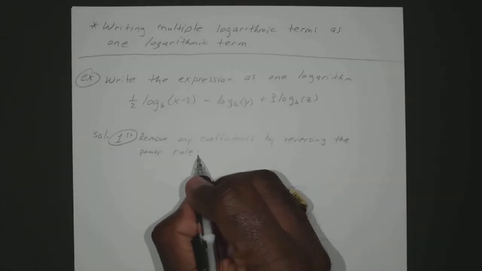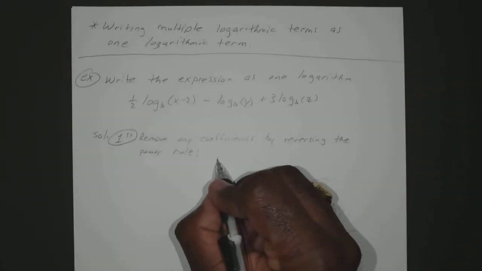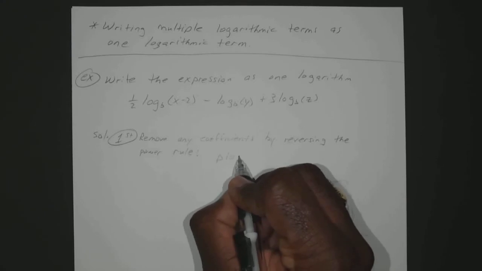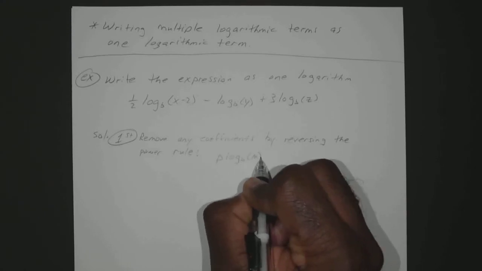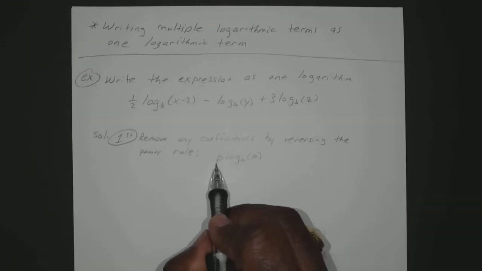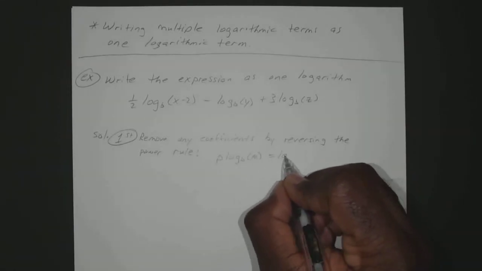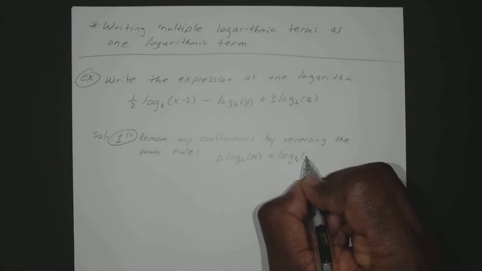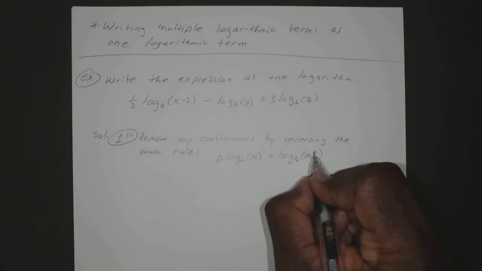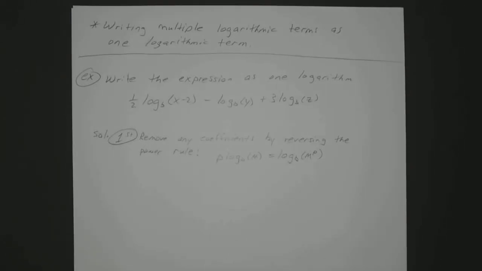Okay. So that means if you have some p times log base b of m, that's just going to take that coefficient and move it as an exponent. So that's going to equal log base b of m to the p. Okay. So all we did was the power rule in reverse.